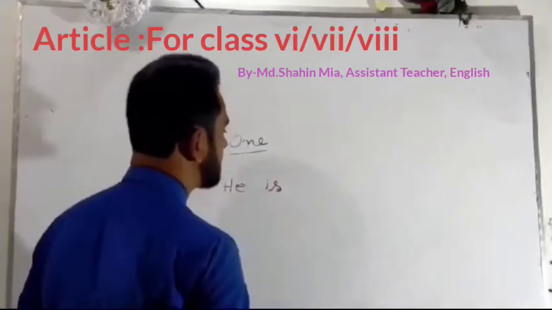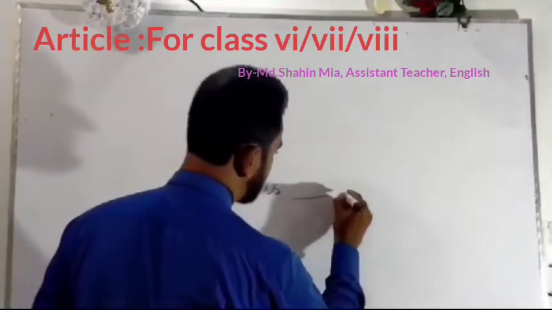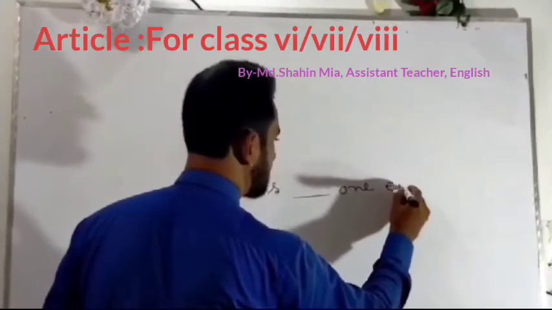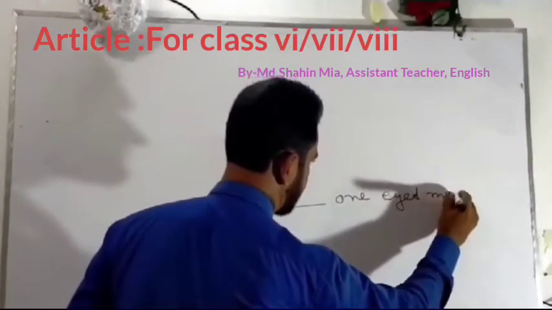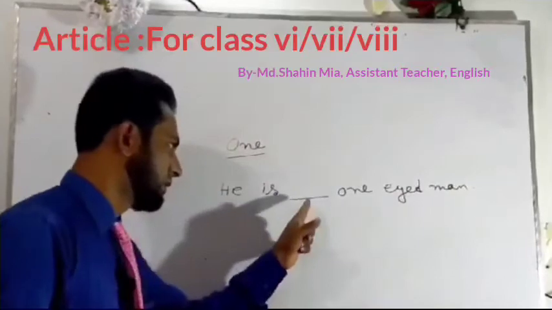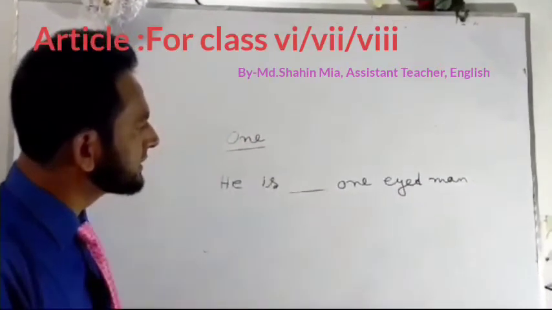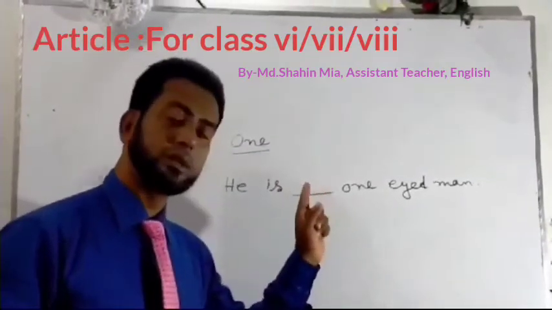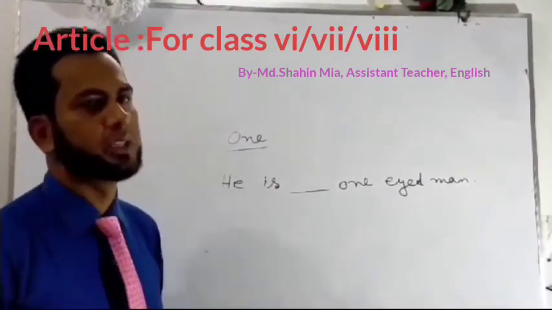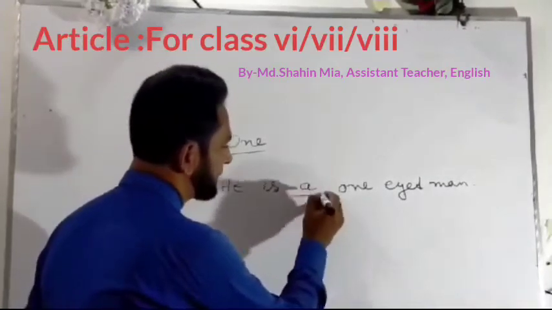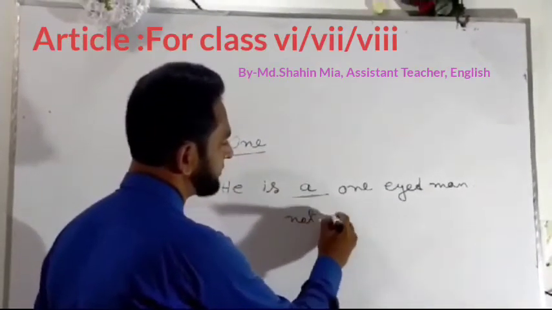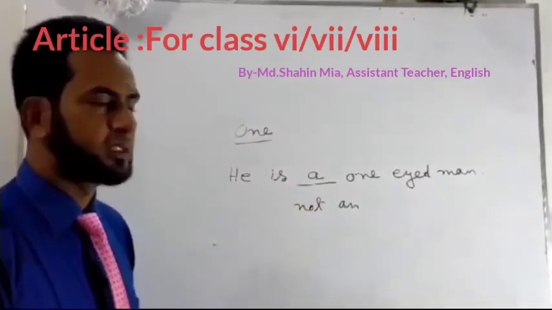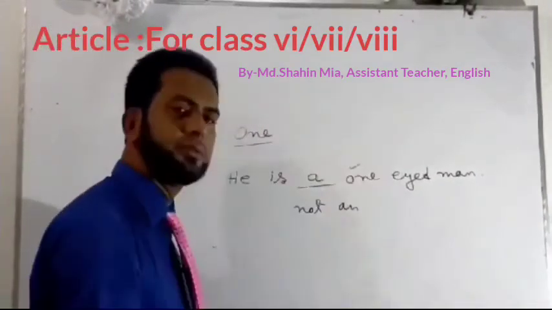Example: he is a one-eyed man. Here, after the blank, there is the word one. Only before this word one, we must use article a, not an.